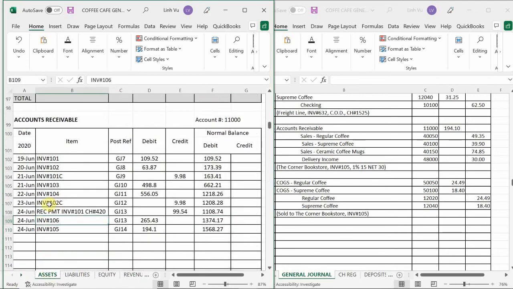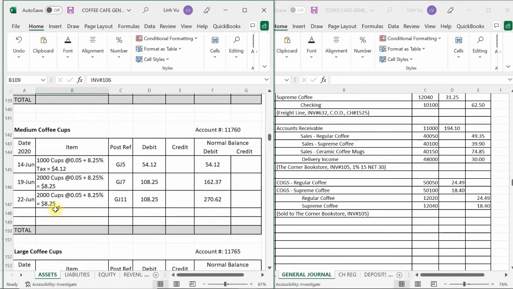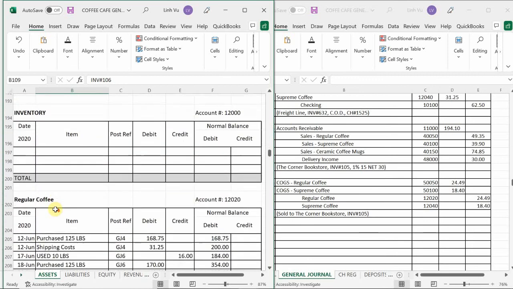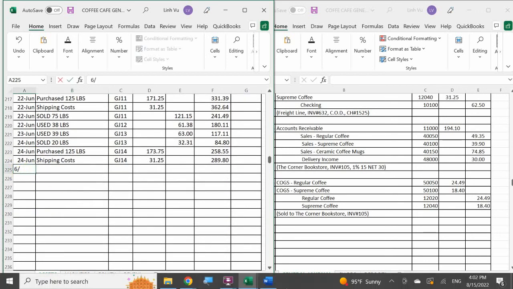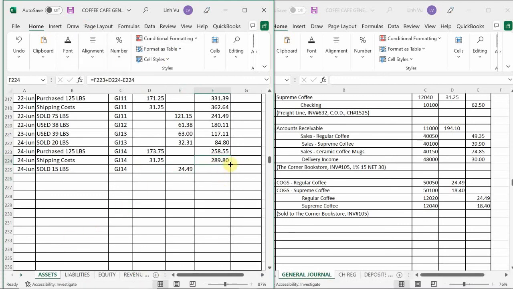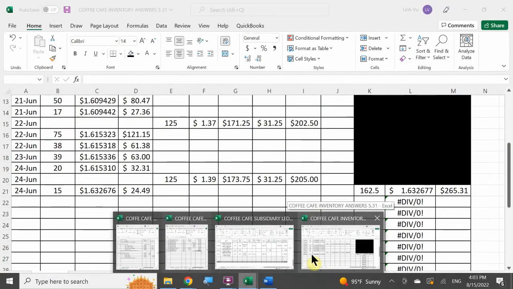And now we go to the asset to update the coffee inventory. So it's sold 15 pounds on page 14 for $24.49. So the grand total is $265.31. Okay.